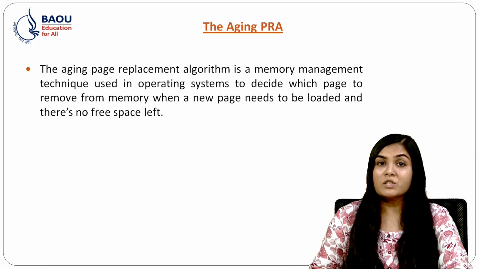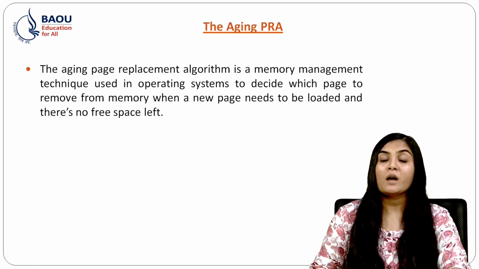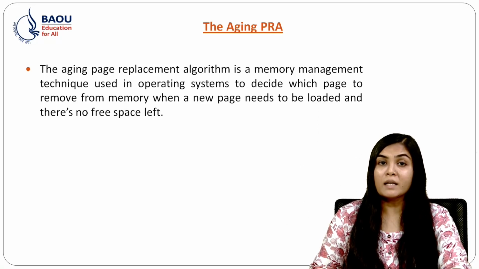The aging page replacement algorithm is a memory management technique used in operating systems to decide which page to remove from memory when a new page needs to be loaded and there is no free space left. The algorithm works by assigning an age or counter to each page in memory.